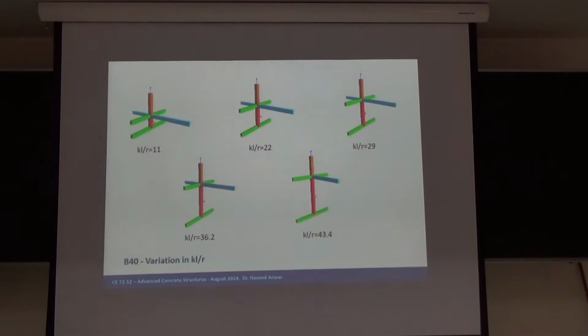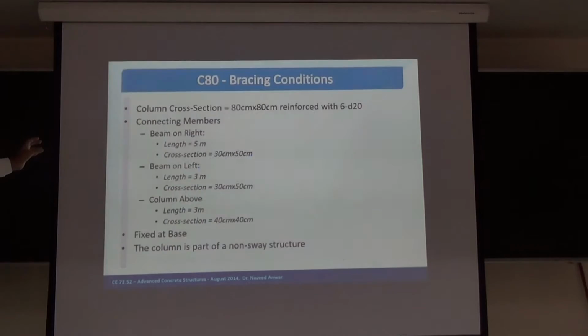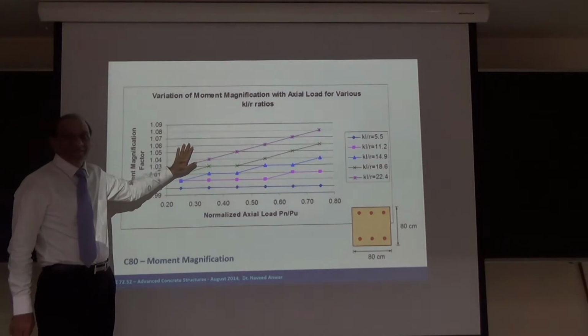And then another column, same thing. For bigger columns, the maximum moment magnification is now less, 1.5. And then the biggest column, we change that and it's only 1.0. So this is the tall building case.